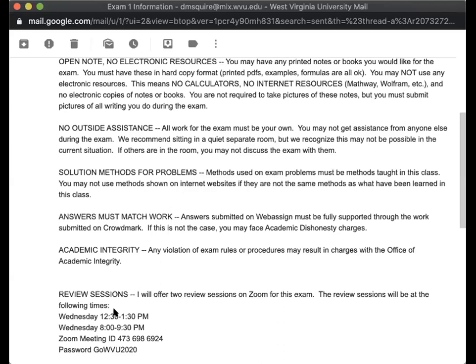Okay. All right. So I want to talk about one question type in particular so that you are prepared for how this is going to work on WebAssign. As you know, we've done a bunch of problems with area and volume where you draw the region and then set up integrals.